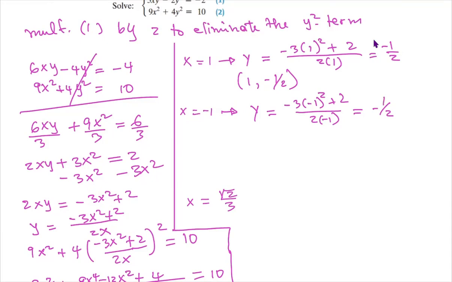I was using -3x. So it's -3x squared. So that's -1/2. That's +1/2, actually. So the second solution is x equals -1, y equals 1/2.